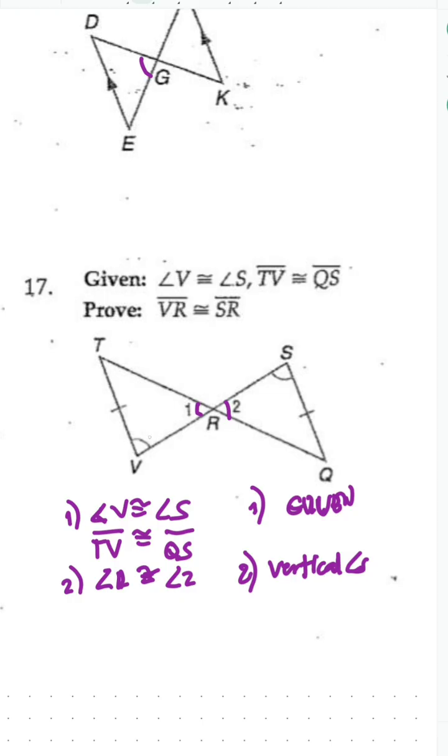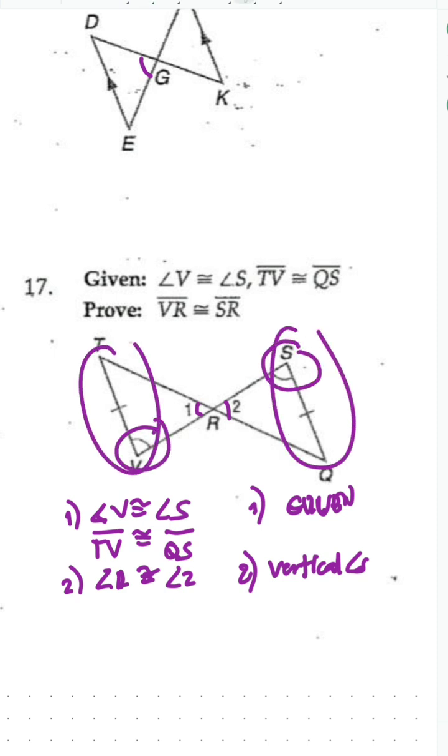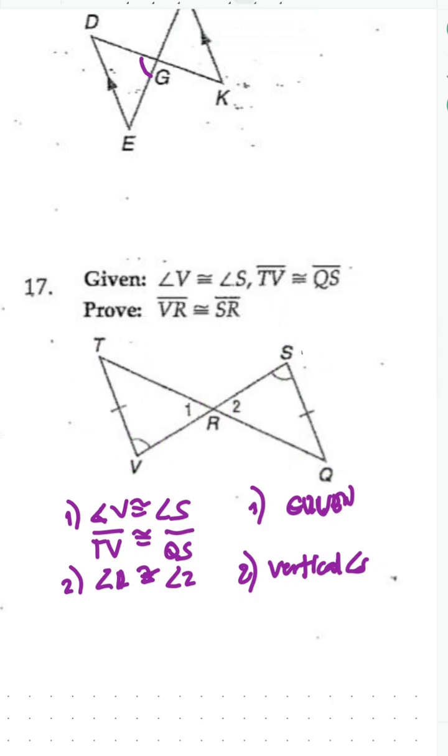Yeah, because it's already given, this one, and then the sides also. And we can use the triangle congruence postulate. So number 3, that means triangle TRV is congruent to triangle SRQ.